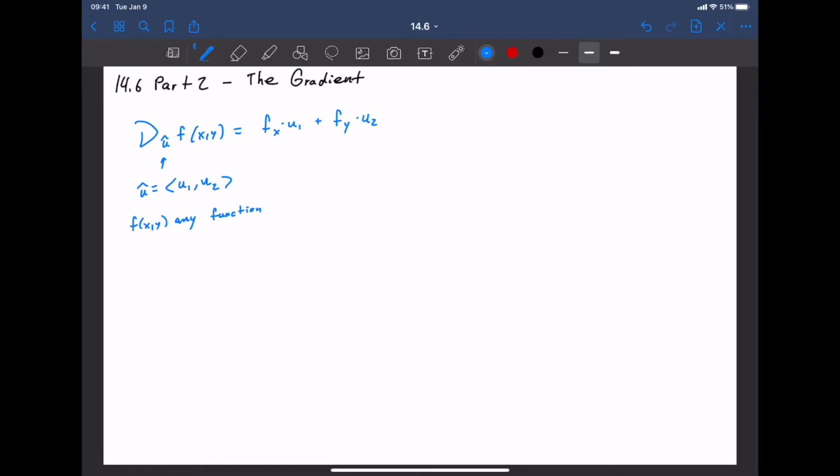Okay. Now, a useful fact is to notice that this decomposes into a dot product. This decomposes into the dot product of fx, fy, the partial derivative components, dot with the unit vector itself.